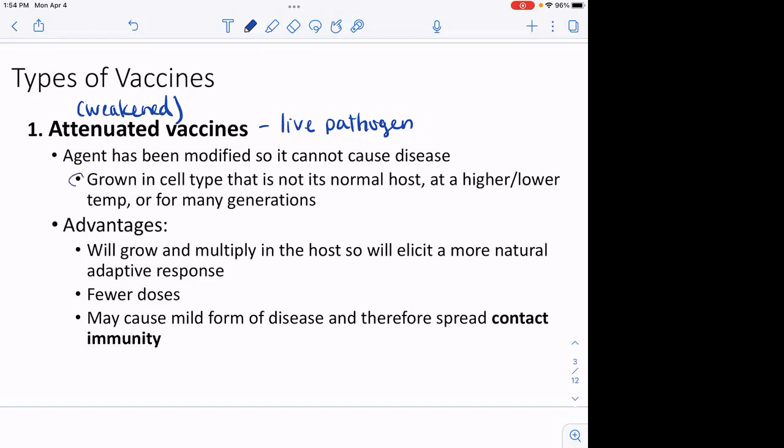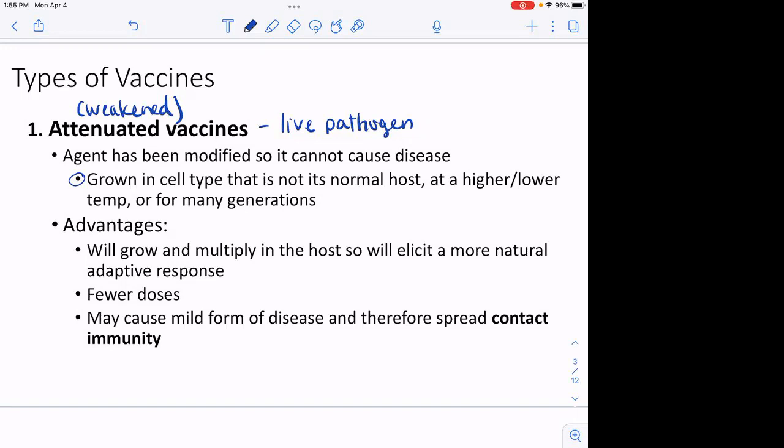Sometimes, like for example, and again, I like to give you a lot of examples of different vaccines. Don't worry about memorizing the example, just kind of know the principle, what an attenuated vaccine is. We have a couple different kinds of polio vaccines. One of them is an attenuated vaccine. It's called the Sabin polio vaccine.